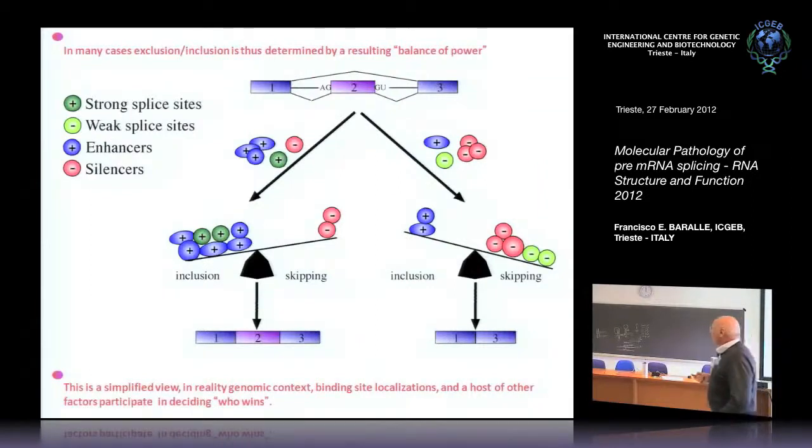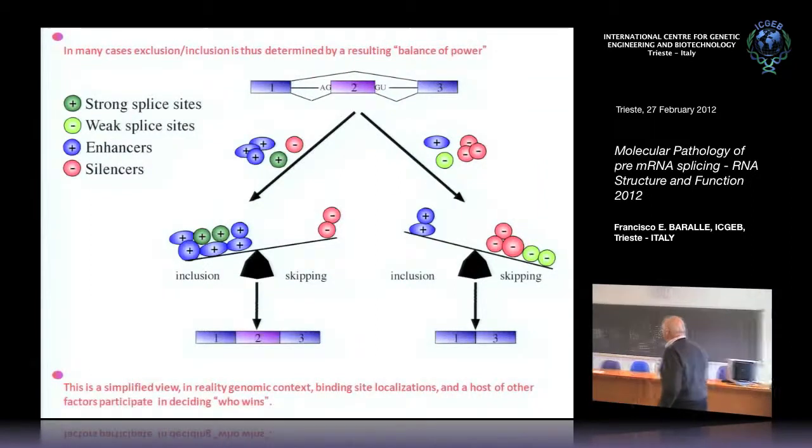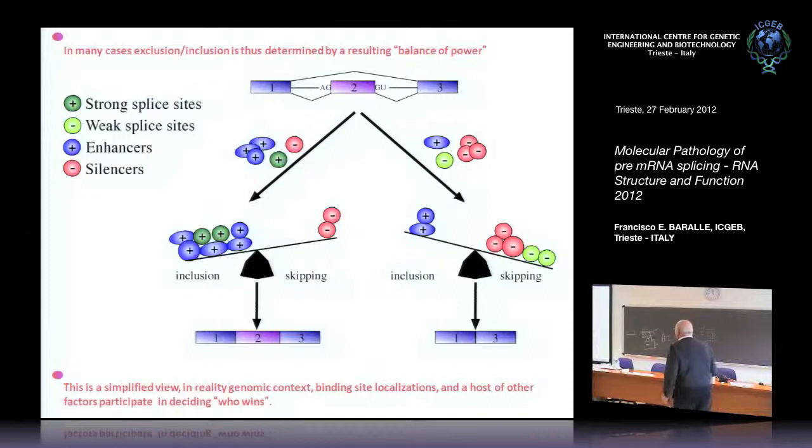So the conclusion here is that exon inclusion depends on many factors. The strength of the splice site, so the relation of the sequence of the splice site with the consensus, is one very strong factor.